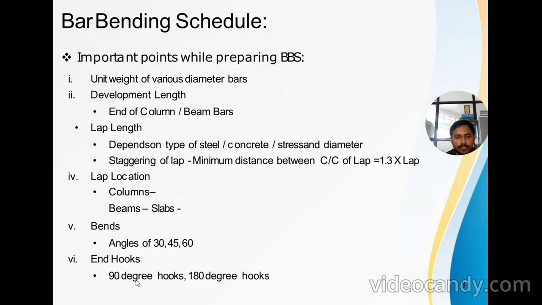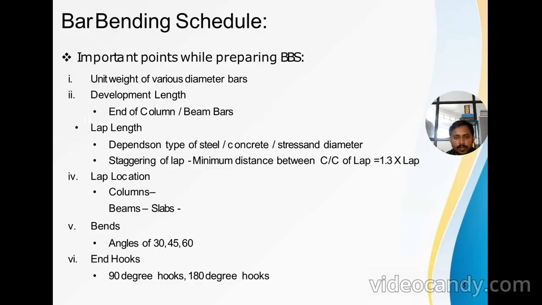Generally the end hook is a 90 degree hook or a 180 degree hook, and bends at 30 degrees, 45 degrees and 60 degrees are preferred. If you select 45 degrees, then d by sine 45 minus d gives 0.42 d.